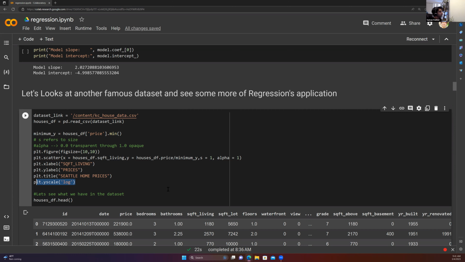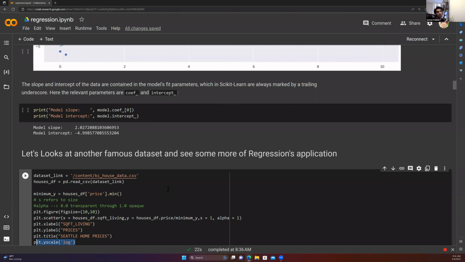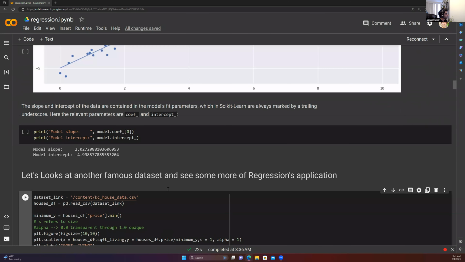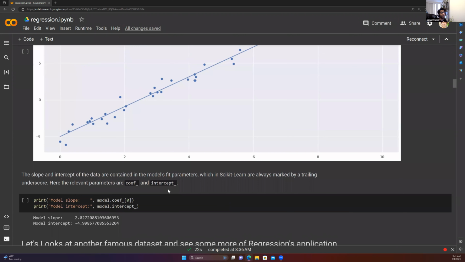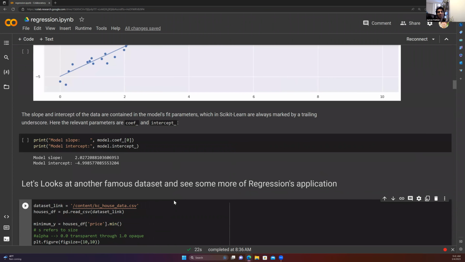So it's visually more pleasant to look at, and also easier for different algorithms to learn from. So that's why it's a really good pre-processing step, for some of you who are wondering, to apply some sort of linear scaling to the features that you have. And log is one of them.